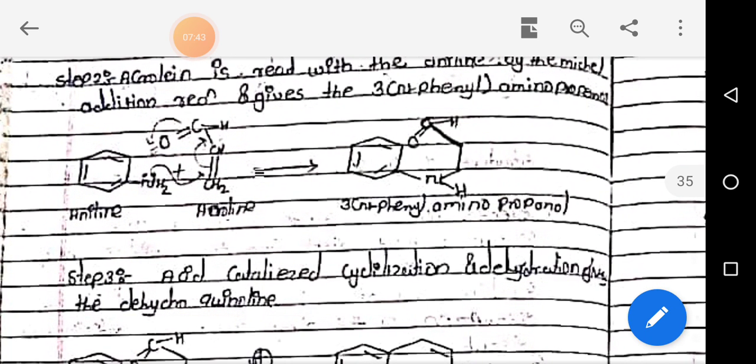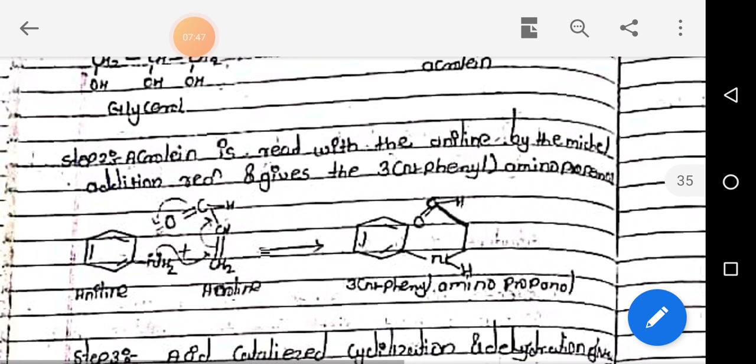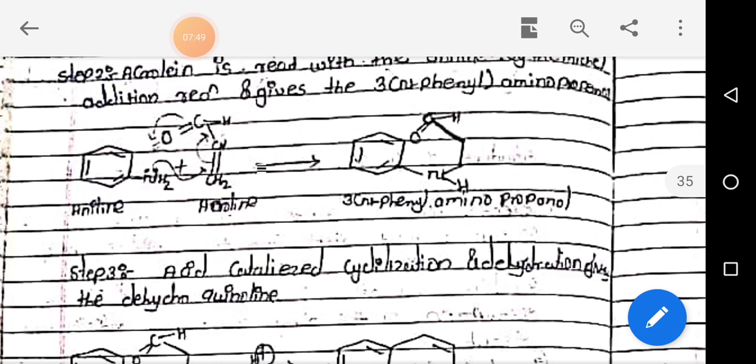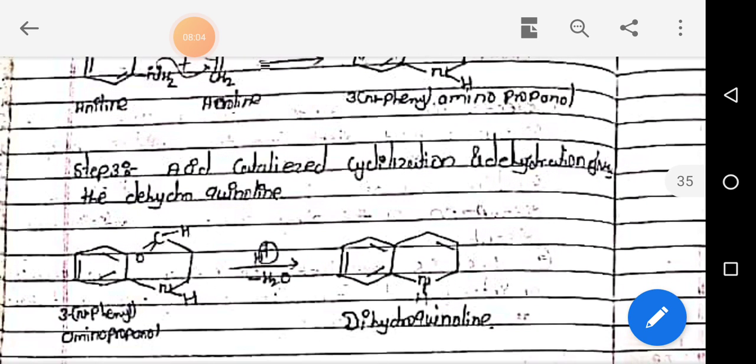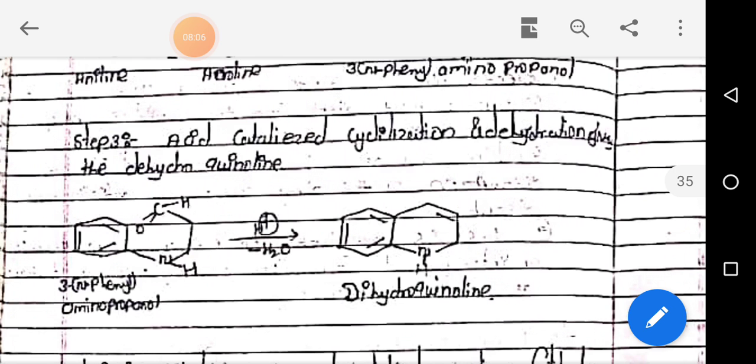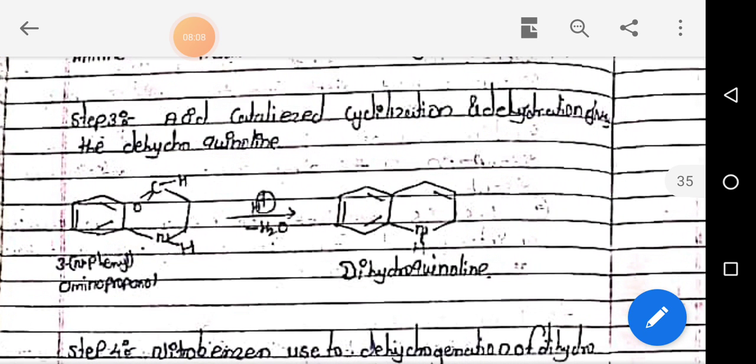In this step, the aniline reacts with the acrolein formed in the earlier step from glycerol. This means we get the nitrogen atom along with the benzene ring. The addition reaction takes place and we get the 3-N-phenylaminopropanol.